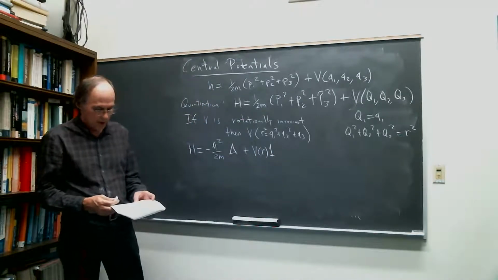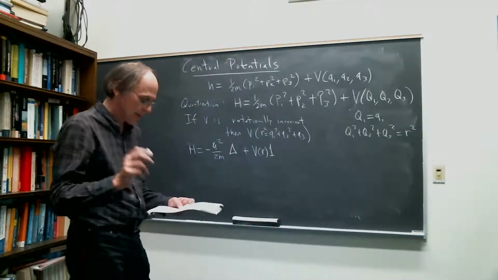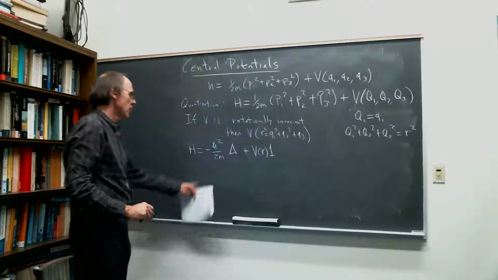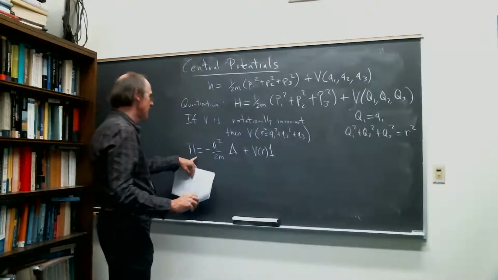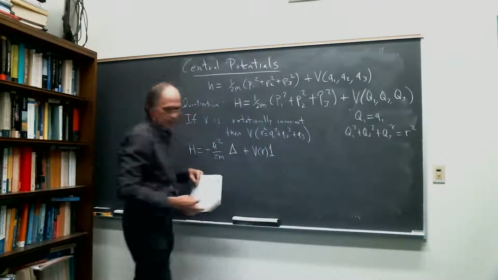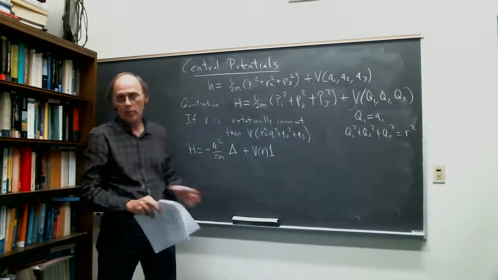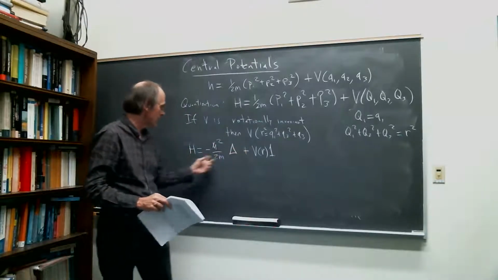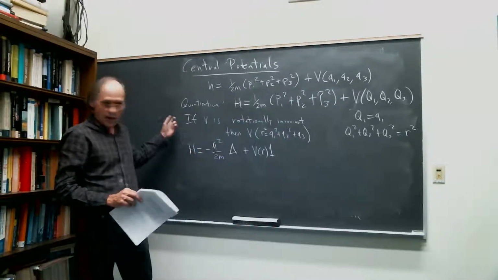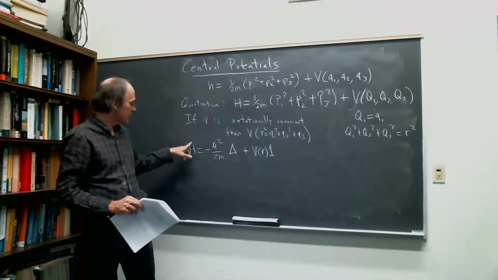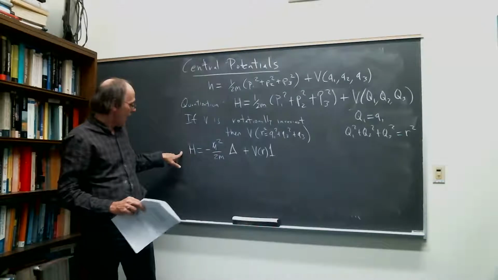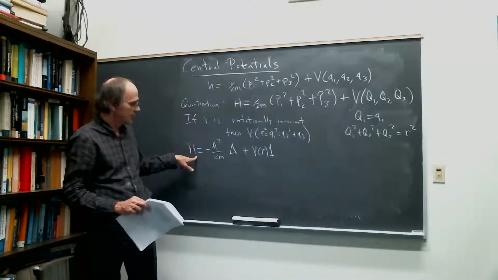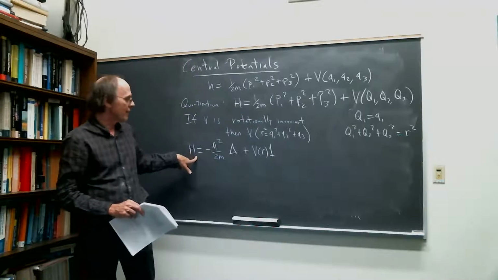Okay, so what you can do then is write this out. The problem in quantum mechanics always is, if you want to solve the Schrodinger equation, what the Schrodinger equation tells you is how things are going to change: i h bar dt of your psi is going to be given by this operator applied to your wave function.